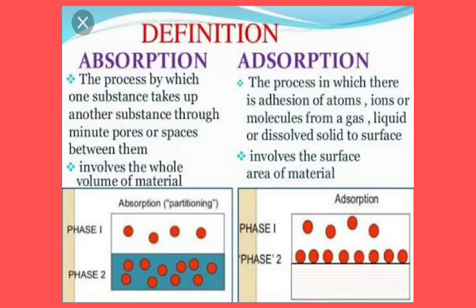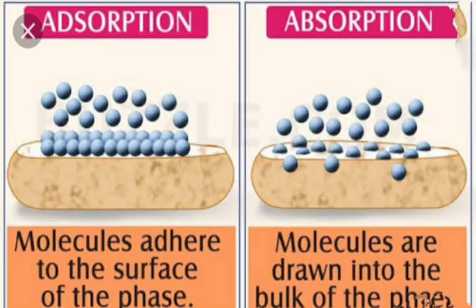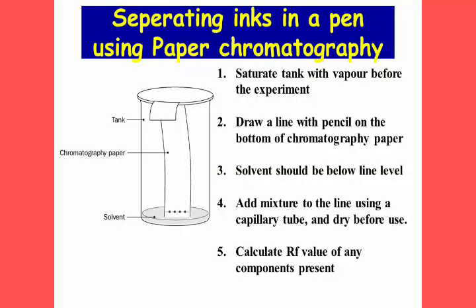Common adsorbents used are filter paper, silica gel, etc. Common solvents used are water, ethyl alcohol, acetic acid, etc. For example, components of ink are separated by this method. Ink is a mixture of different dyes which are separated by chromatography because some of the dyes are less soluble and some are more soluble in a solvent.